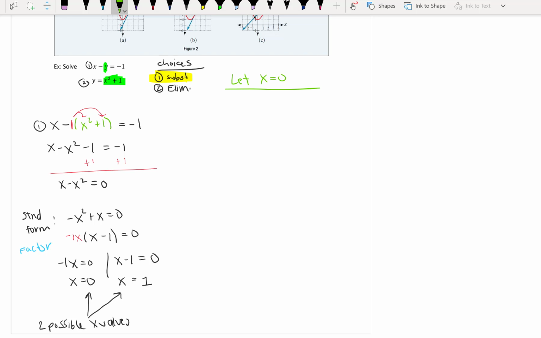From my equation number 2, y is equal to x squared plus 1, so y is equal to 0 squared plus 1, so y is equal to 1. This tells me the ordered pair is 0, 1, where x is 0 and y is equal to 1. Now let's see what happens when x is equal to 1.